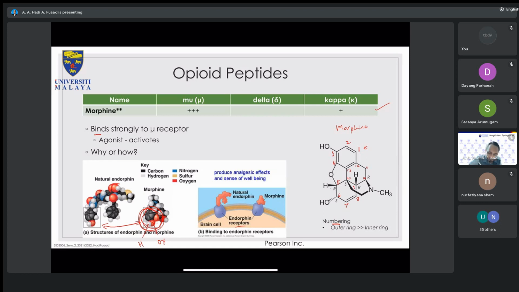And then for some reason, instead of 15 being here, they number 15 to be over there and 16 over here. Don't ask me why. I tried to dig for that information, but unfortunately I cannot find it. It's a bit weird because you have 15 over here, 16 over there, and then suddenly they call 17 for the nitrogen. Weird, but again, it's a very ancient molecule. Perhaps since someone did it, everybody follows. Okay, so that is the numbering for the morphine.